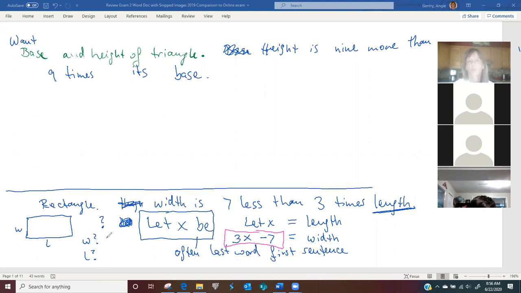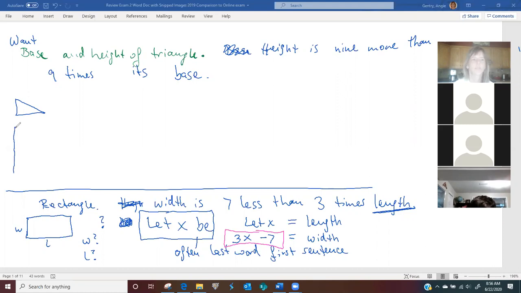Okay. So let's translate this into the triangle, but I wanted the rectangle first because the rectangle is easier. Now on a triangle, I can do a sketch. Sometimes I sketch it like this, but then the height is really bigger.